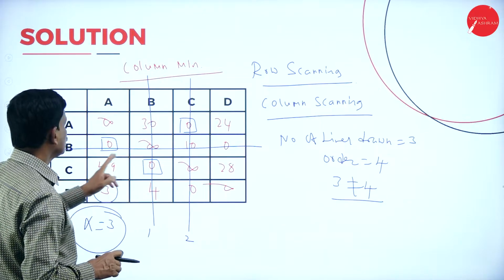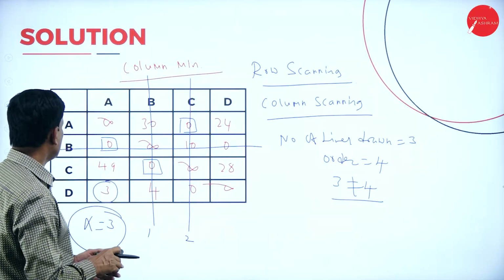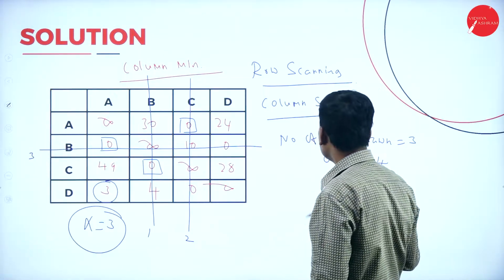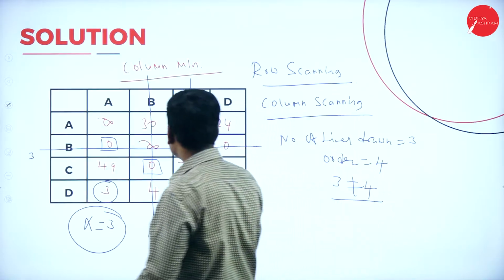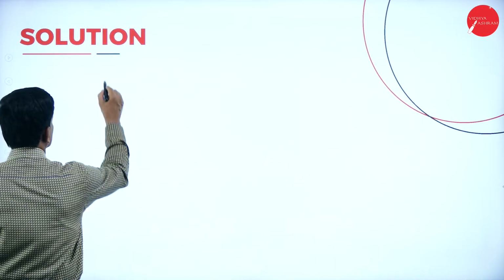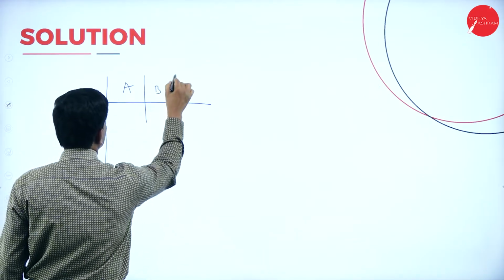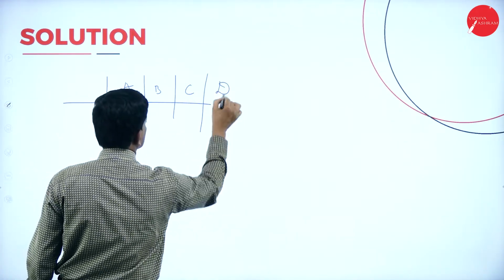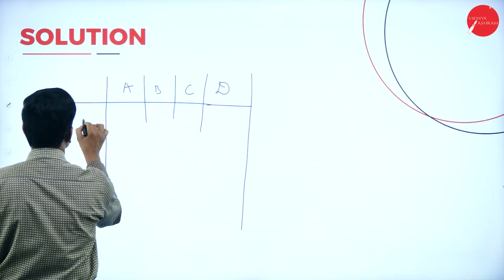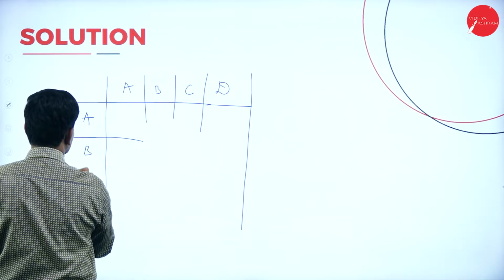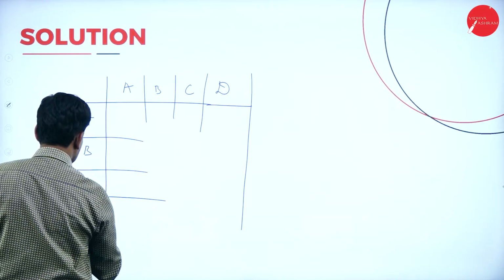That's it. Now I will go to the next line. So the same values I will take. A, B, C, D. Here it is A, B, C, D.